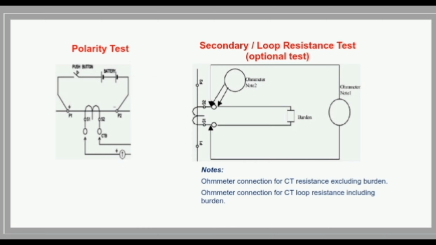So how about the secondary? The secondary resistance test is to verify the CT secondary winding resistance against the specified one and that there is no discontinuity in the winding. You can see the photos.